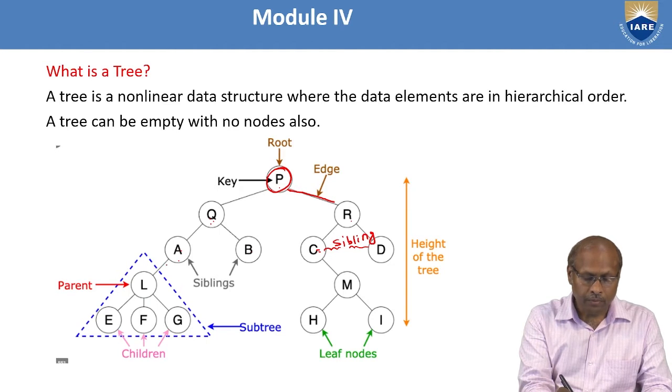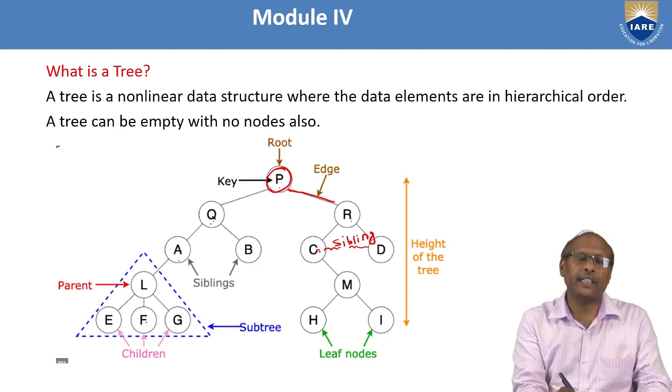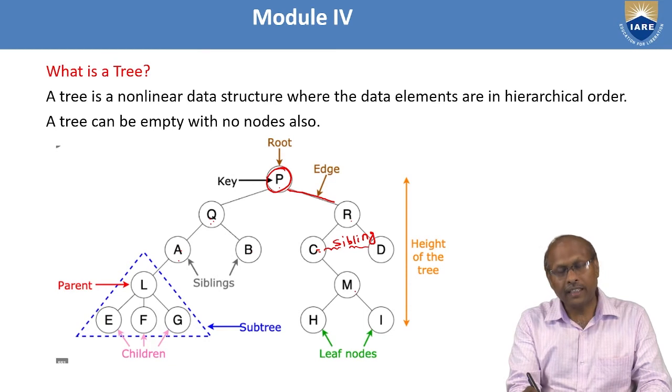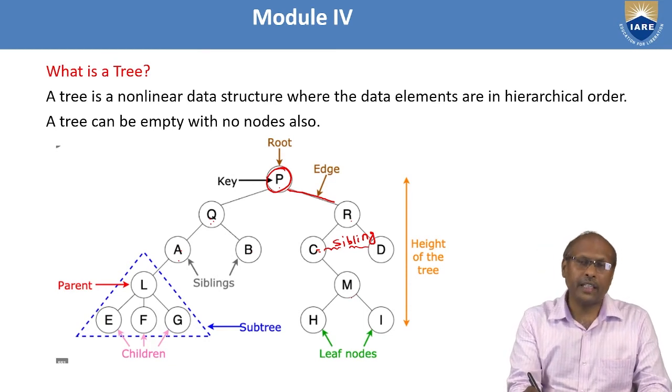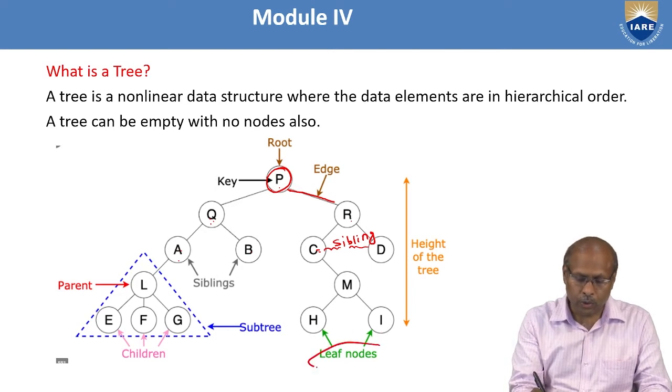Now, A's child is L and L has three children E, F, G. A node can have any number of children. There is no restriction for a tree. Whereas when there is a restriction, then the tree will have a different name. Similarly here, H and I are also child nodes, and H having no child, I having no child, then those nodes are called leaf nodes.